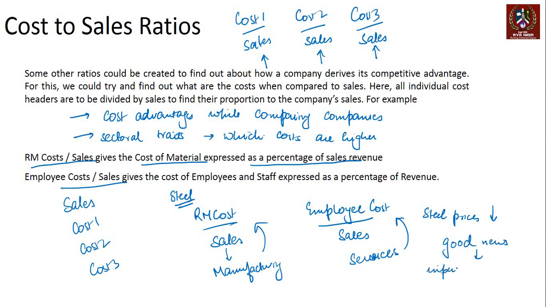Because input cost goes down for the company, which would mean profitability should go up, right? If the cost goes down, profitability should go up. So that's where some of these ratios that we're calculating purely from the P&L become interesting and important for us to analyze. That's the cost to sales ratios. We're trying to calculate those as well.